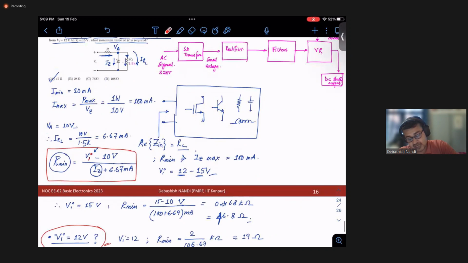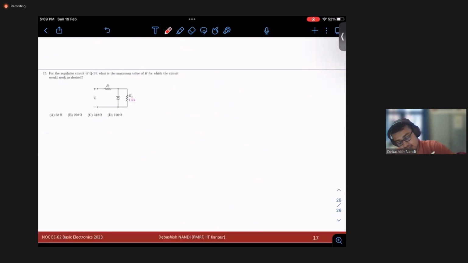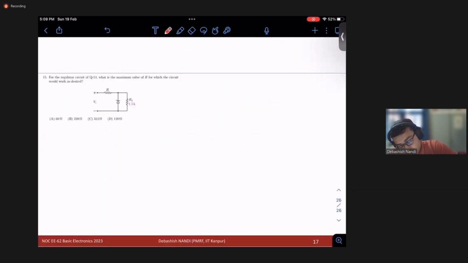Similarly, the last problem, it is asked what is the minimum value of R for which the circuit would work as desired. What have they changed? Or sorry, what is the maximum value of R? So they want us to find out R maximum. In the similar way, how do we find out R maximum?